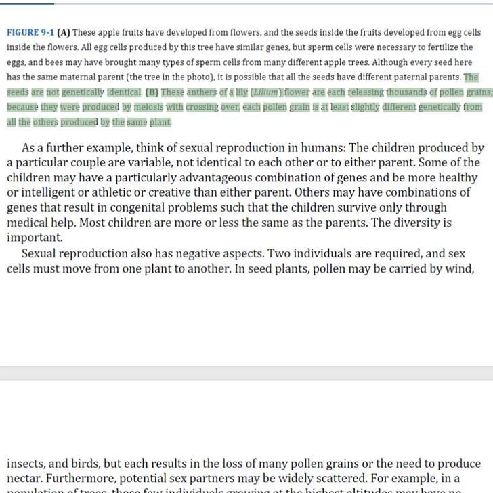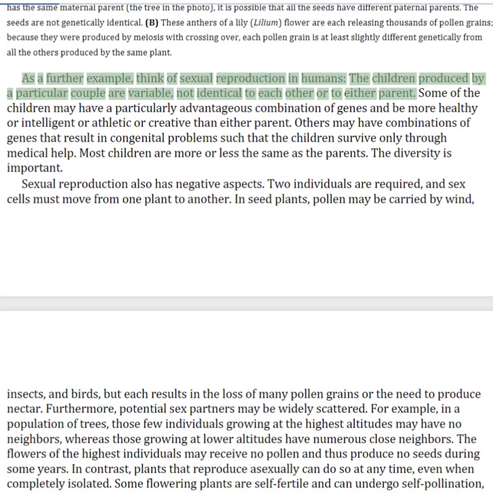These anthers of a lily flower are each releasing thousands of pollen grains. Because they were produced by meiosis with crossing over, each pollen grain is at least slightly different genetically from all the others produced by the same plant. As a further example, think of sexual reproduction in humans. The children produced by a particular couple are variable, not identical to each other or to either parent.